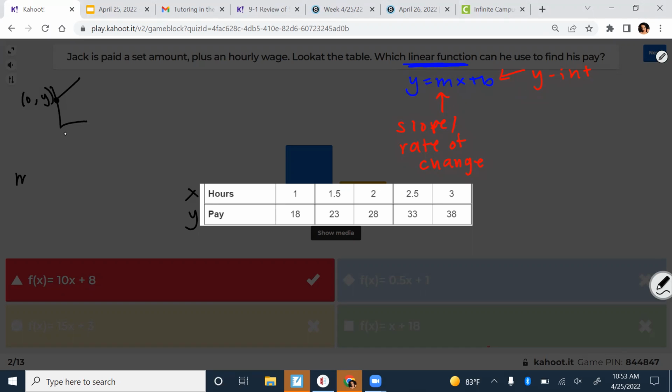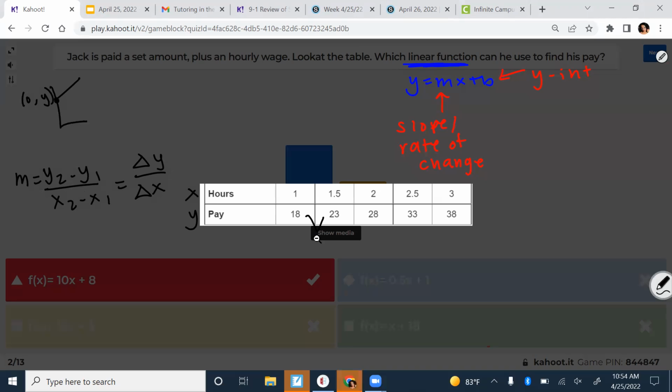Do you guys remember your formulas for slope? There's like 3 different ones. Anyone know one of them? Y2 minus Y1 over X2 minus X1. Good. You could use this exact formula if you want to. I think there's an easier one for tables, which is change in y over change in x, which they both mean the same thing at the end of the day. So if I can find my change in y, so like what's my change between 18 and 23?